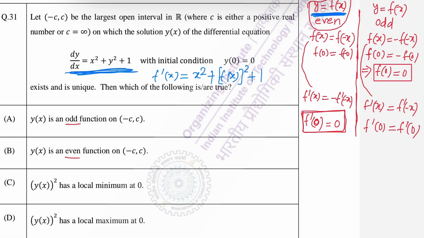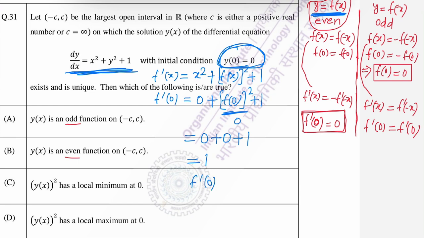Now if we calculate f'(0), then this will be 0, here will be f(0) squared plus 1, and from this relation f(0) is 0. So 0 plus 0 plus 1 is 1. So we got f'(0) equals 1.